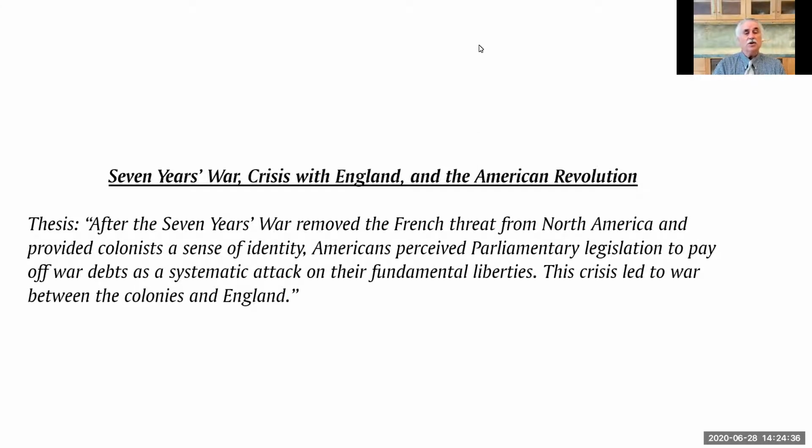The Seven Years' War, crisis with England, and the American Revolution. To summarize, after the Seven Years' War removed the French threat from North America and provided colonists a sense of identity, Americans perceived parliamentary laws or legislation to pay off war debts as a systematic attack on their fundamental liberties as English people.